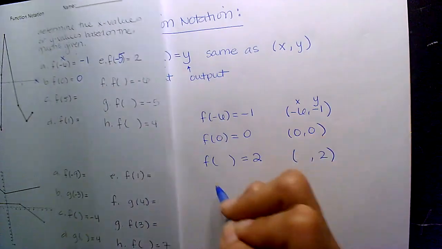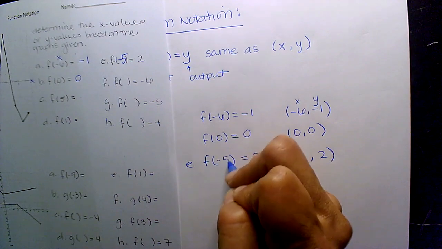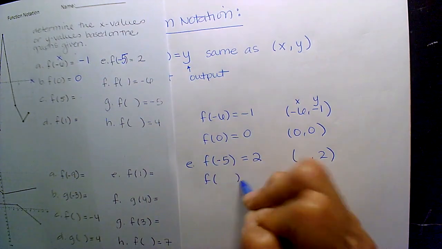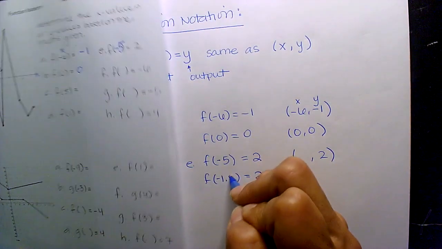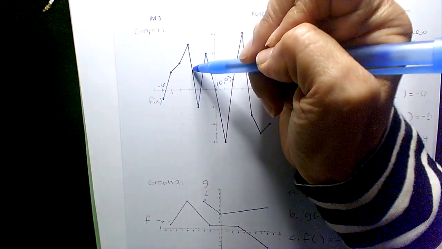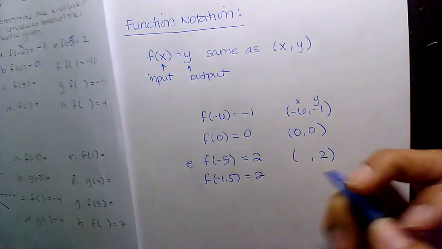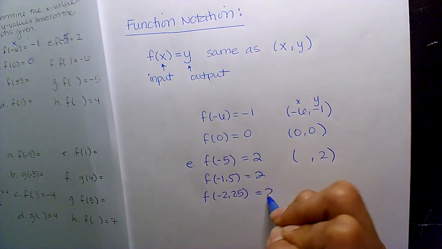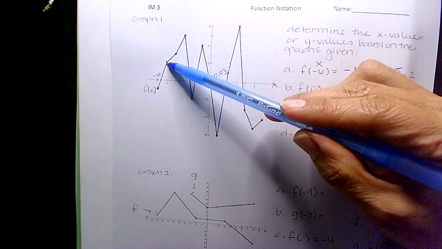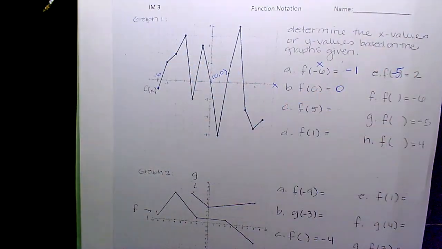So for E, if you chose negative 5, that's correct, but you could have also given me negative 1.5. You could have given me negative 2.5, right? It doesn't have to be at that very dot.